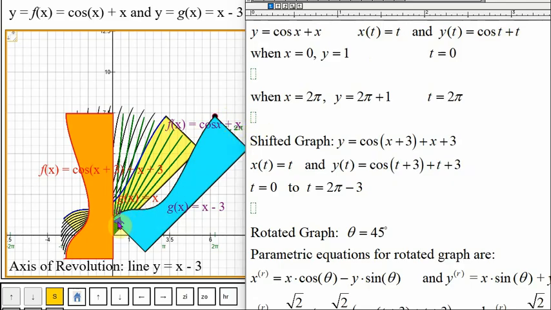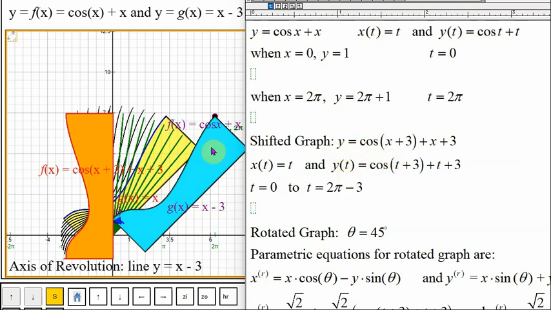At this point, x is 0, and at this point x is 2 pi. And therefore at this point t will be 0, and at this point t will be 2 pi.